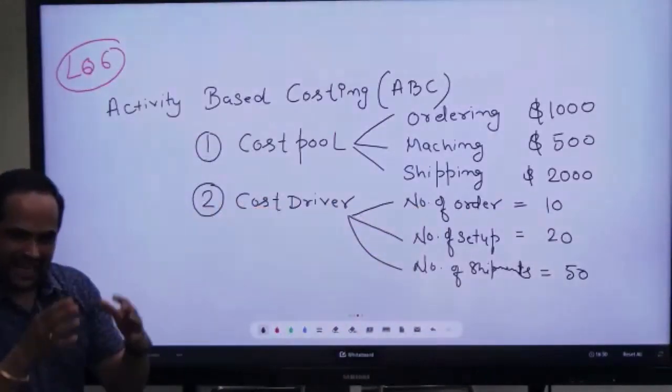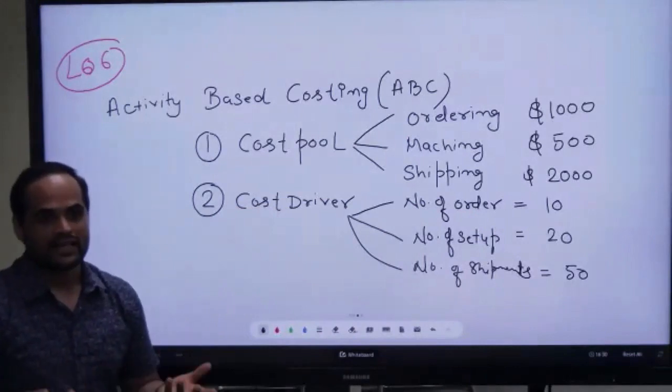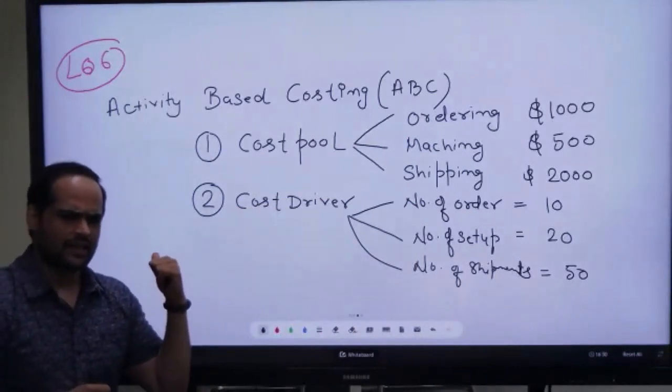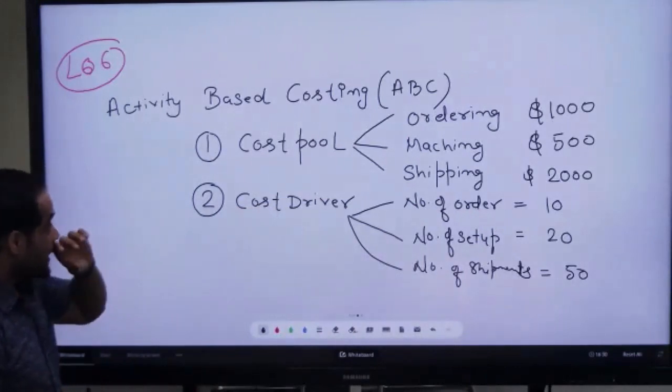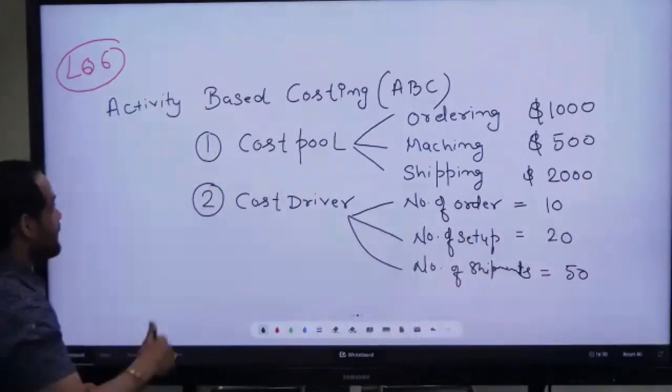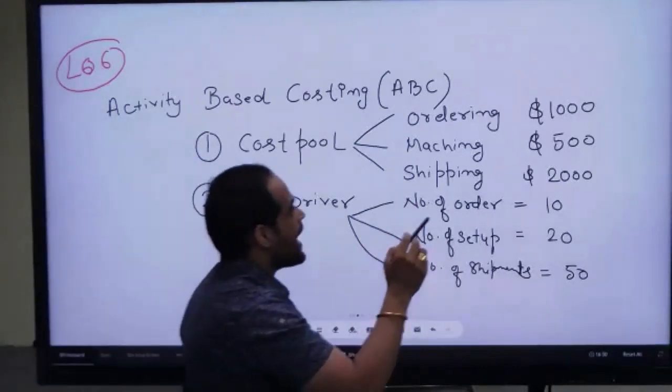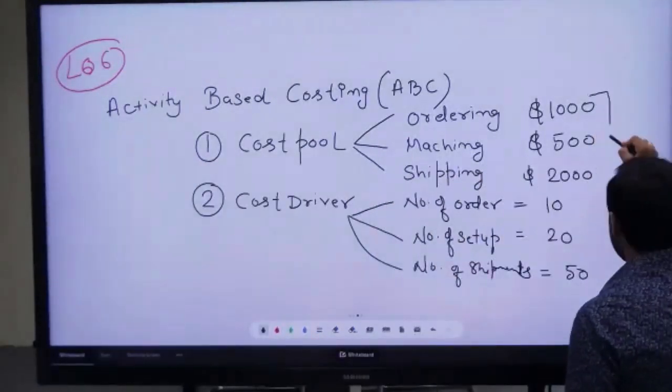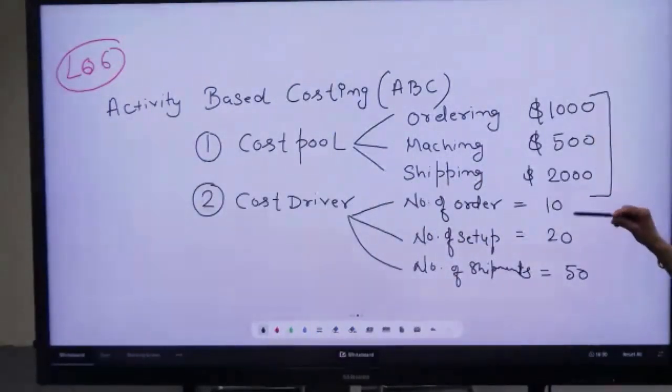Step 2 is exactly the same as step 1 in traditional costing. Why? Because if you add them all, this is the overhead cost in different categories.